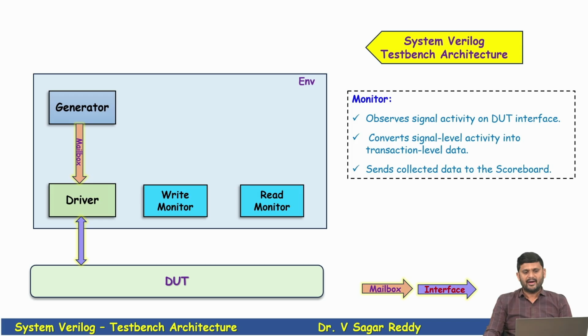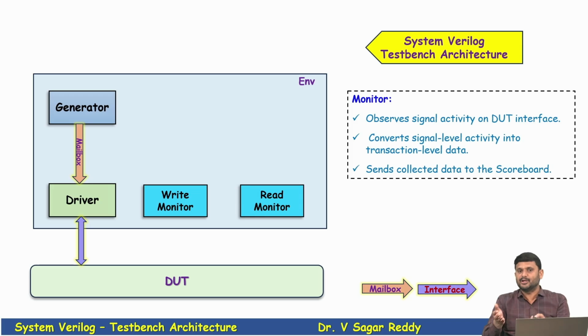So why do we have two monitors? There are three responsibilities under each monitor, but we have two of them: the write monitor and the read monitor. The write monitor sits on the input side of the DUT. It captures what data was written into the DUT and sends it to the reference model inside the scoreboard. Whereas the read monitor sits on the output side of the DUT.